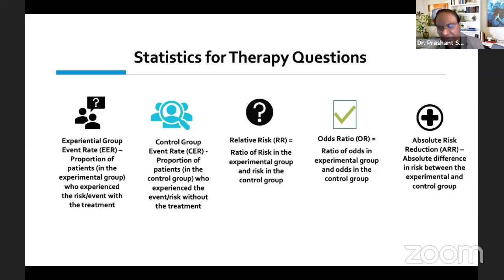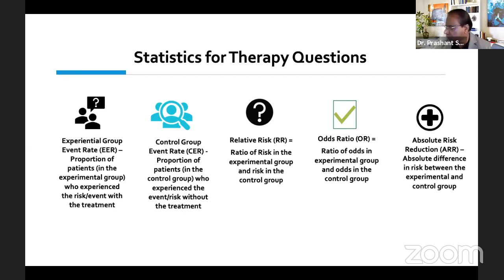That is called odds. So when you take the ratio of those odds in the experimental group and in the control group, we can calculate the odds ratio.